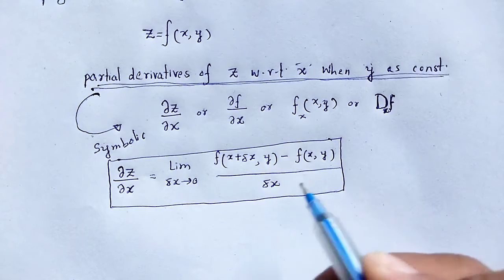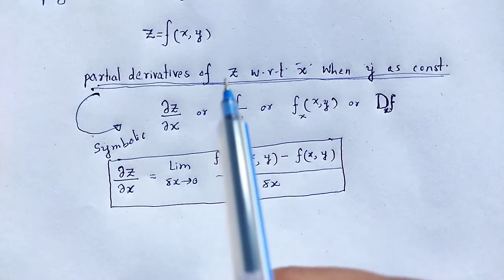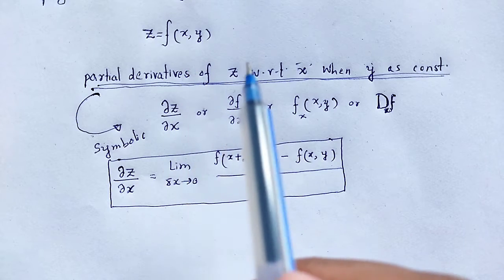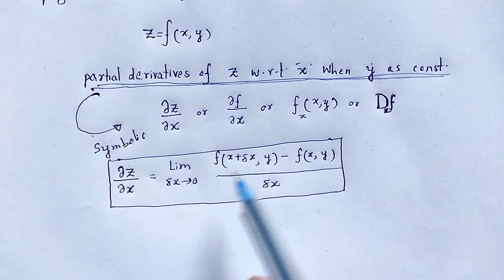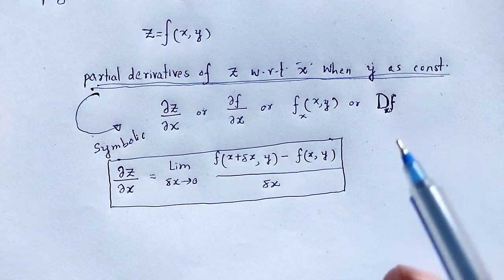That is the partial derivative of z with respect to x, whereas y is treated as constant.